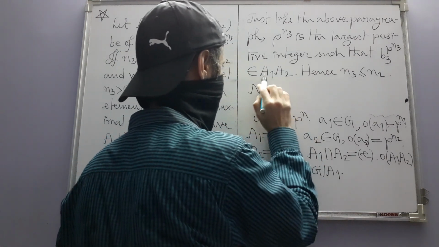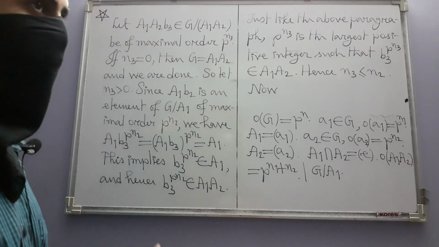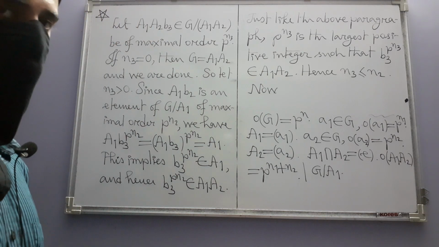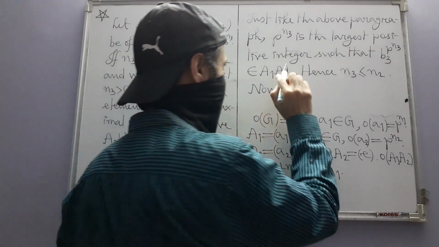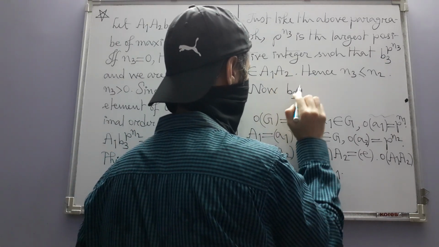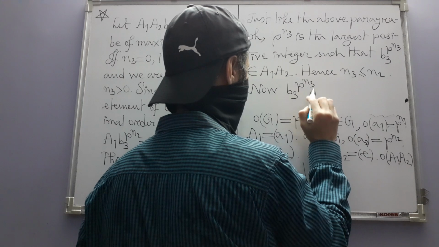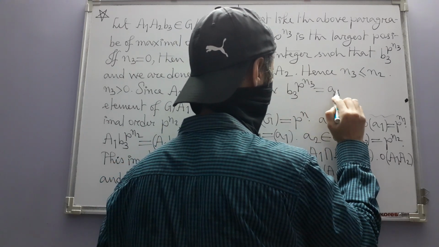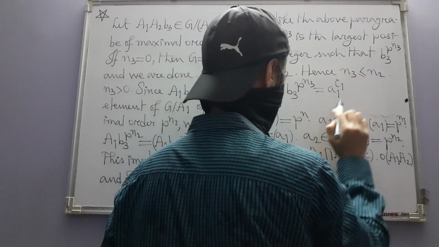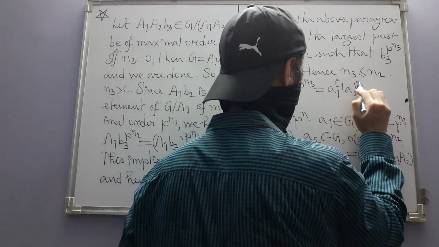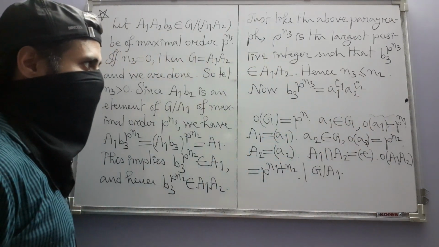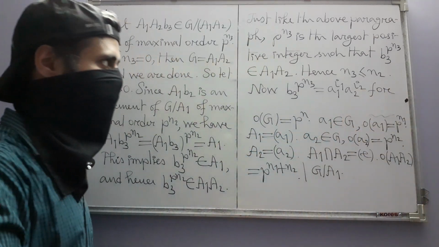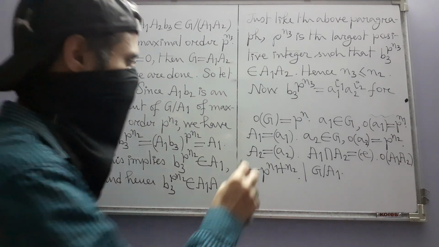Because we know that A1 is a cyclic group generated by small a1 and A2 is a cyclic group generated by small a2. And that is why B3 to the power P to the power N3 is going to be of this form: A1 to the power I1 times A2 to the power I2 for some integers I1 and I2.